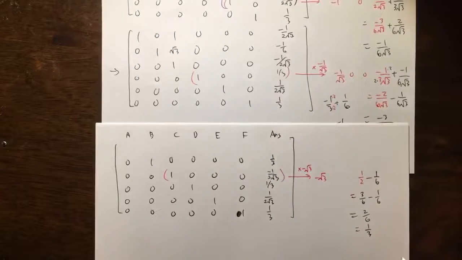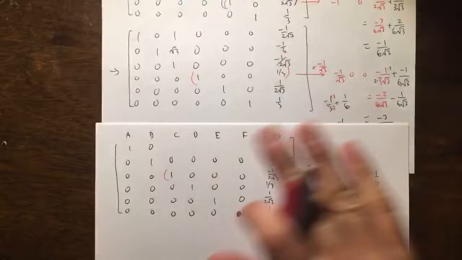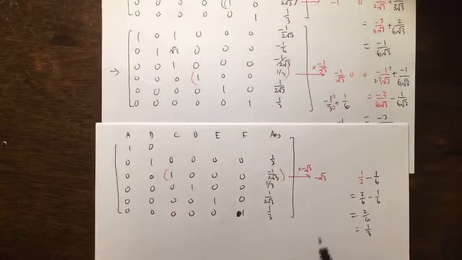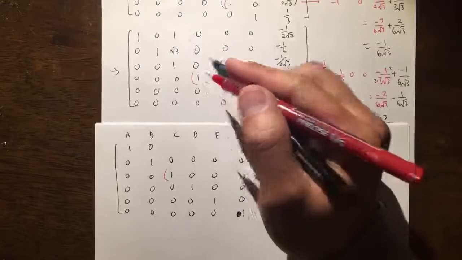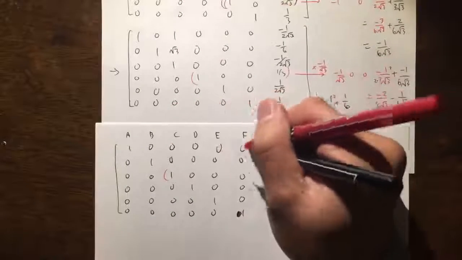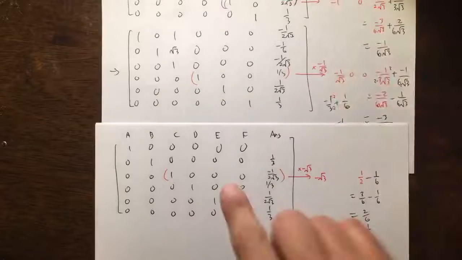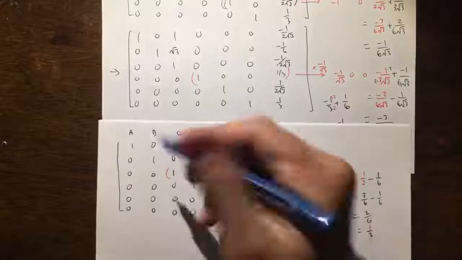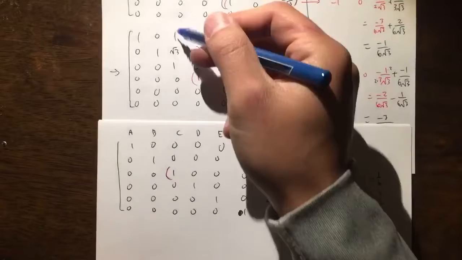Feels so good, isn't it? Anyway, it's 1, and this is 0. You know you are on the right track because you see a lot of zeros. And then lastly, I need to make this equal to 0, right? So this right here will be 0, and then this is 0, 0, 0. And what do I have to do? Well, this time I will write this down in blue. I have to multiply this by negative 1, right?